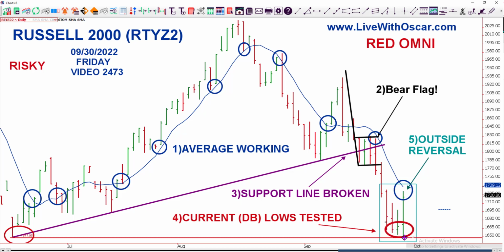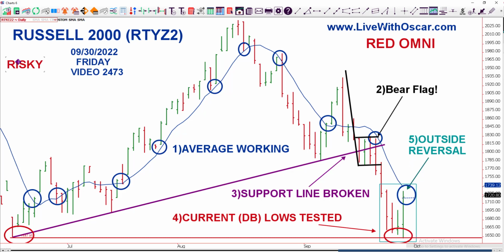This is Wednesday's bar. And we had an outside reversal bar, right? Meaning that this big green bar was bigger than the day before, both on the bottom and top side, and it settled higher than the day before's bar. So that makes it an outside reversal.